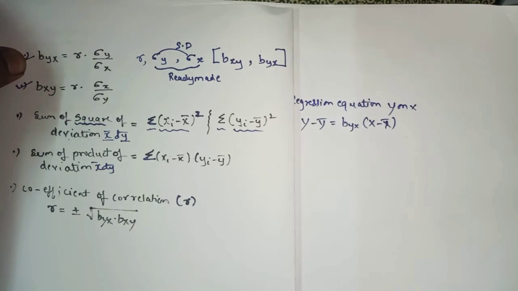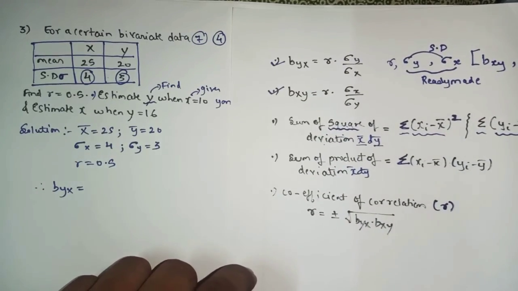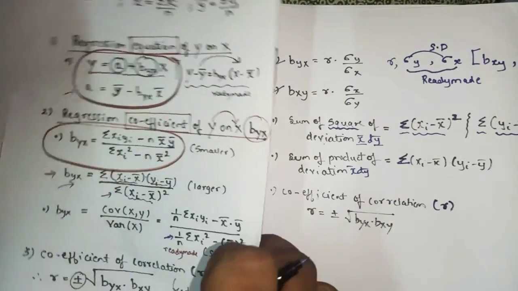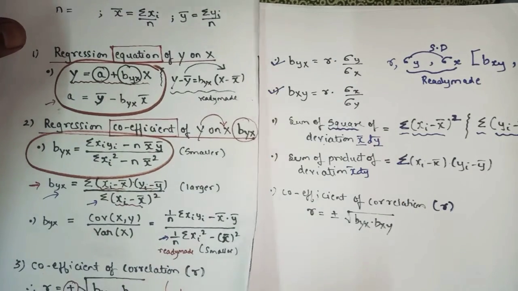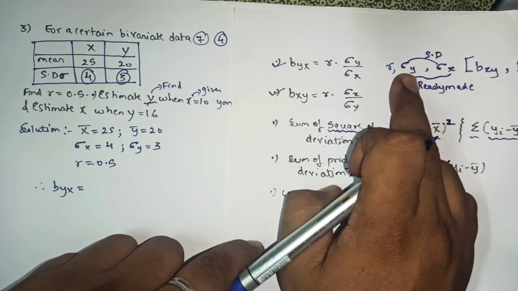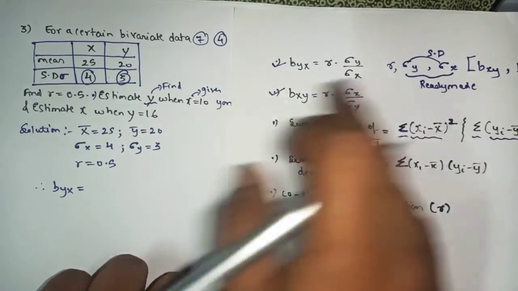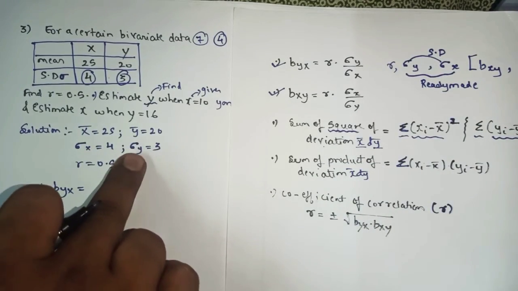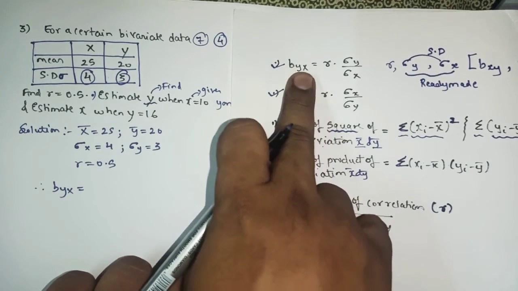Now we will see in this sum which formula to apply for byx. As I told, when you have the ready-made values of r, standard deviation of x and standard deviation of y, straight away we apply this formula to get byx and bxy.